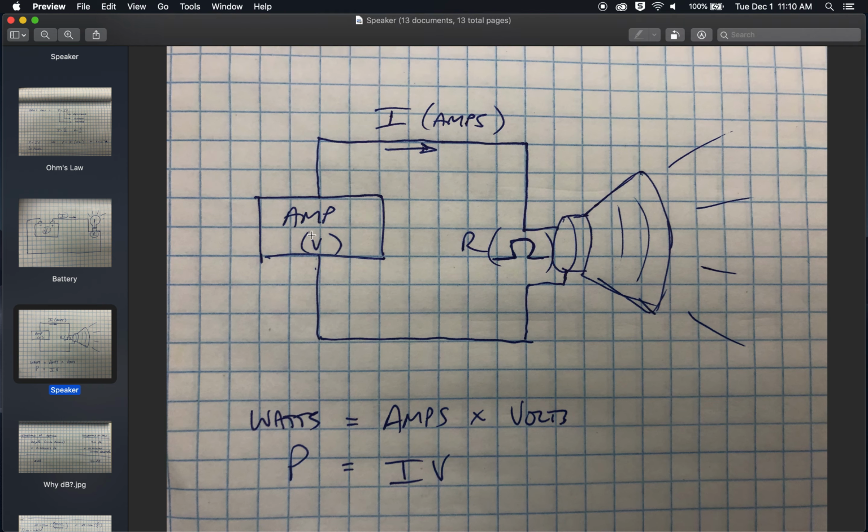Now, one thing with speakers and amplifiers, if you've got just a pair of computer speakers, say that's what you're listening to this on, your computer speakers have an internal amplifier inside of them, right? You don't have to plug them into an extra piece of gear. They're plugged into the wall, right?